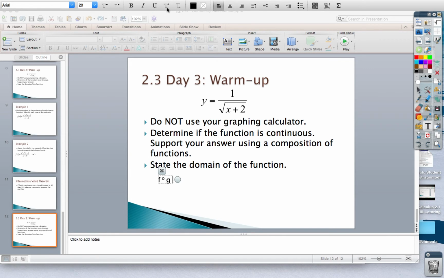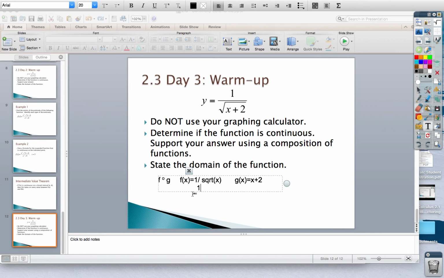And we are now going to define f and g. We're going to say f of x is equal to 1 divided by the square root of x, and g of x is equal to x plus 2. Now we have two functions here, and we could say that g of x is inside of f of x, and now we're going to prove that each one of these is continuous.